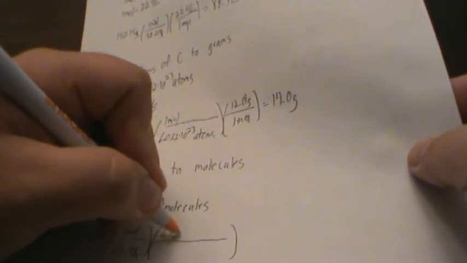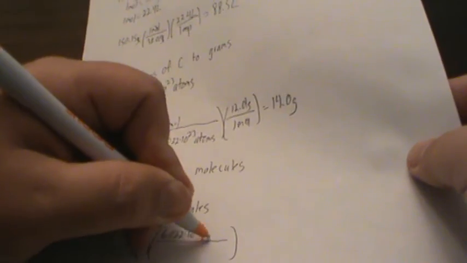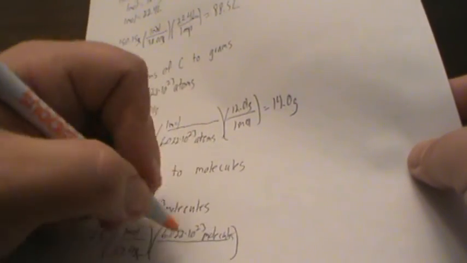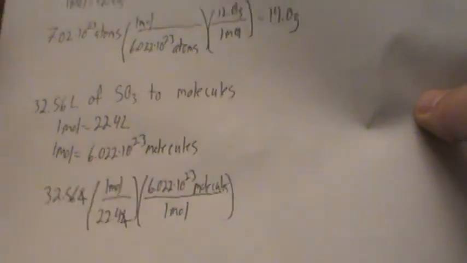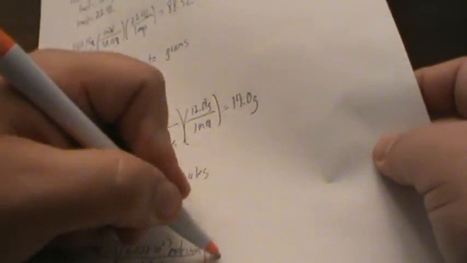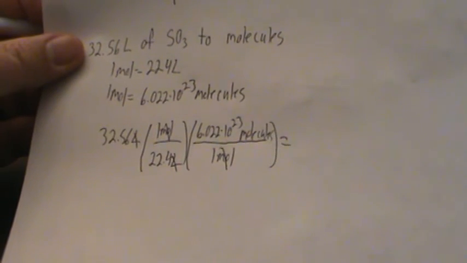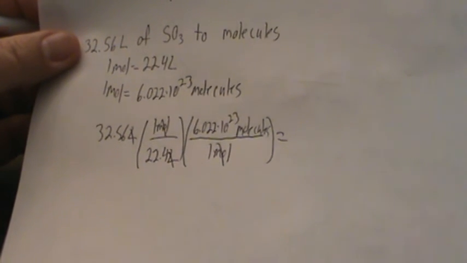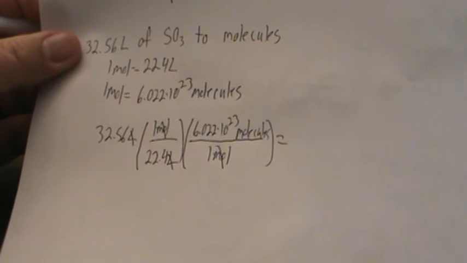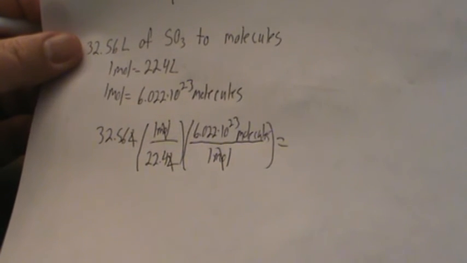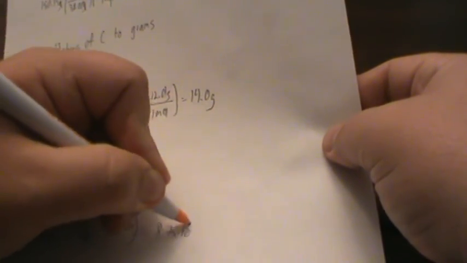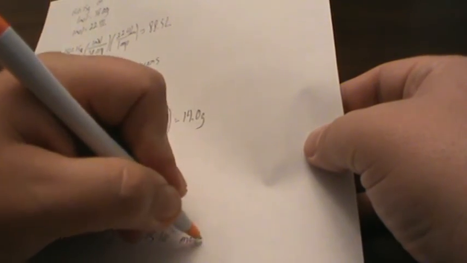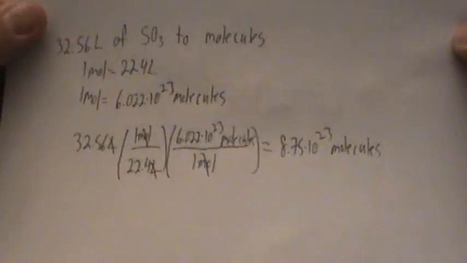So in our ratio, Avogadro's number up top over 1 mole. 32.56 times 6.022 times 10 to the 23rd, divide by 22.4, and I'm going to put down 8.75 times 10 to the 23rd molecules for an answer.